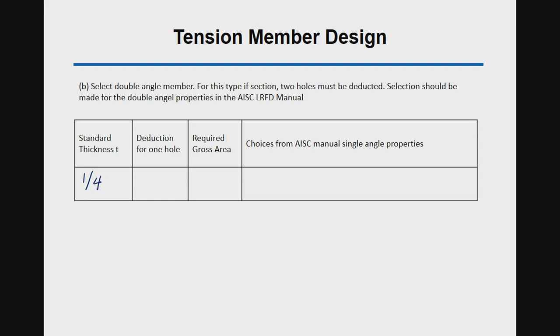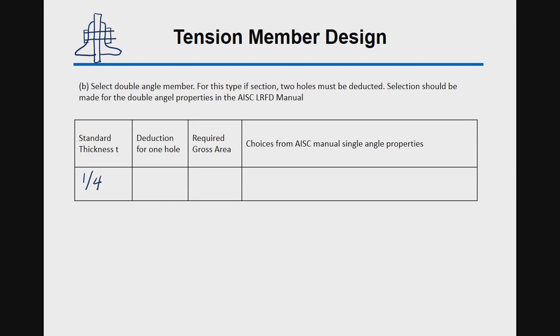So the deduction for one hole, as you can see, let me draw it here. So for the double angle, the cross sectional area is the total of the two angles.